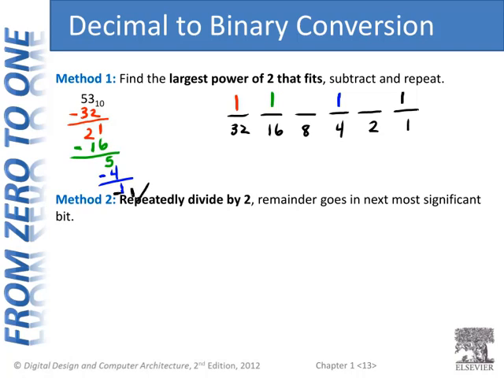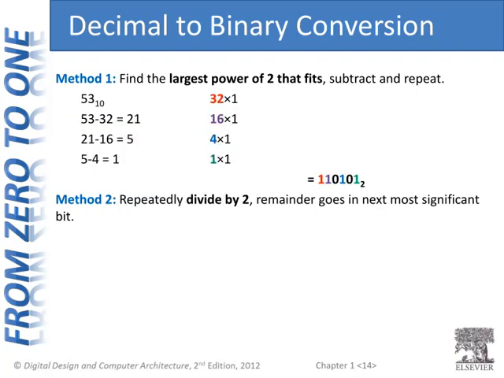Subtract that, and we get 0. So now we just fill in with zeros for the rest of the places, and the binary representation of 53 is in fact 110101. And written out, here we have a typed out version of what we just did.